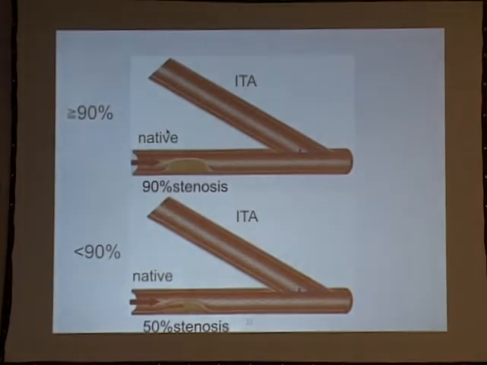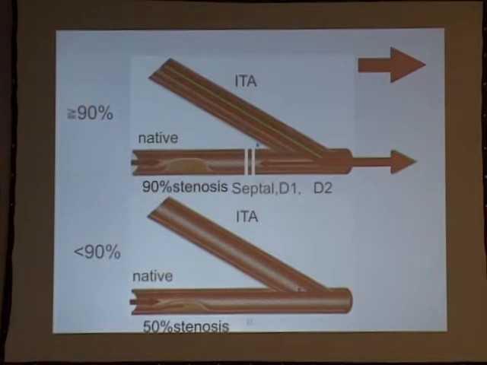So the mechanism of the changing pattern: if the native stenosis is very severe, the native flow is very low. It means that the graft flow is big, and it supplies flow to the septal or diagonal branches. So after occlusion of the native flow, the graft flow increases.